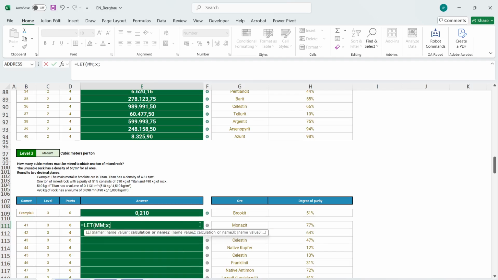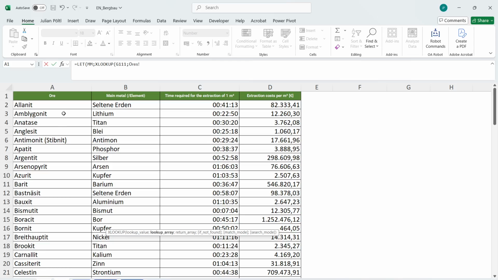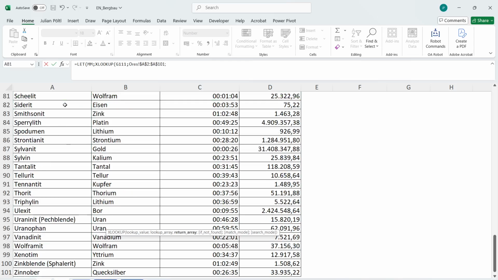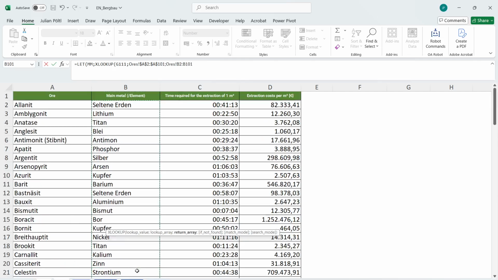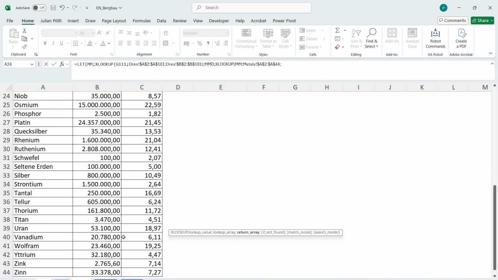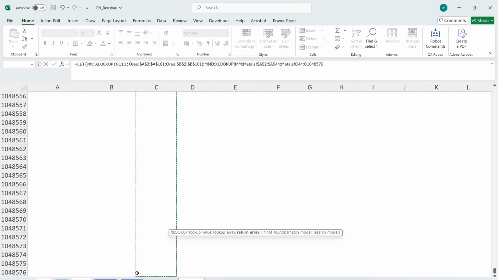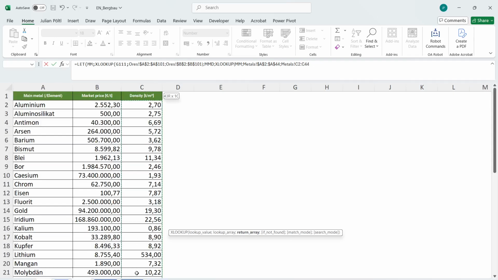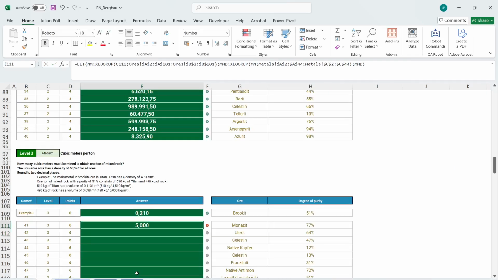Main metal, then main metal density, which is in this case 5 for monazite.